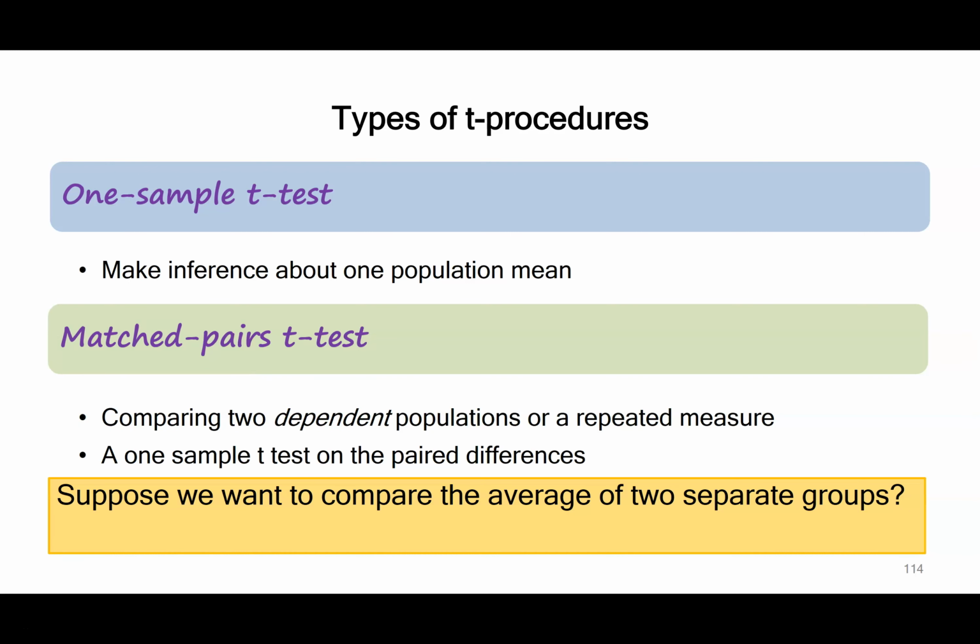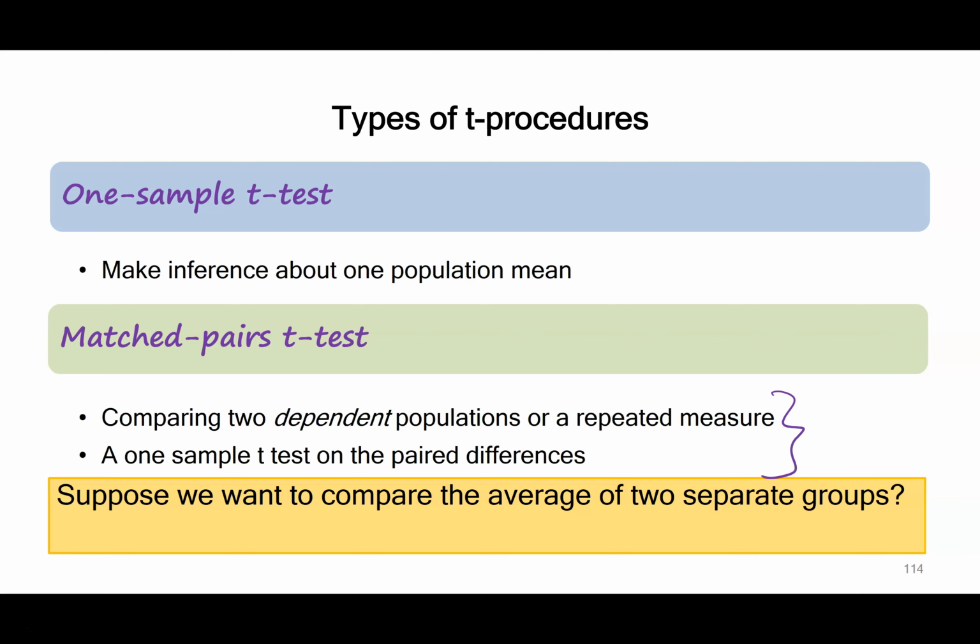This is a scenario where maybe you have before and after, pre and post, or you have dependent observations in some way or another. Like maybe you're doing a twin study, twin 1 and twin 2, that kind of thing. So you're comparing two dependent populations. Exactly one from your first population is matched exactly to one from your second population.